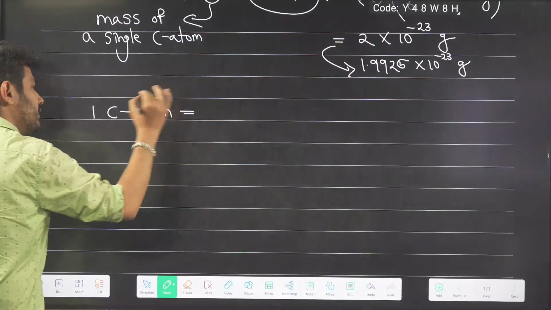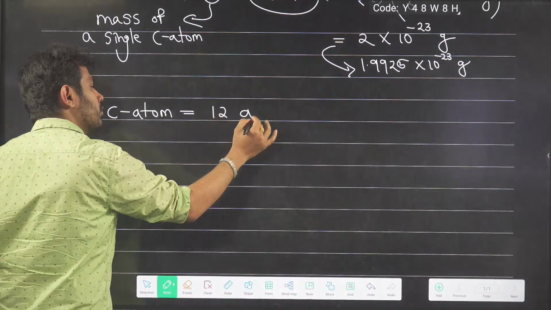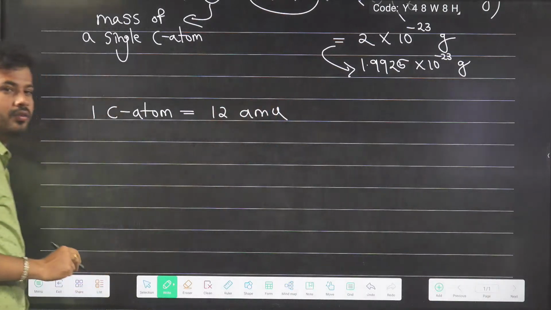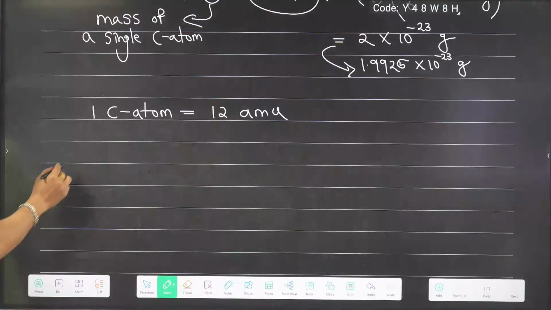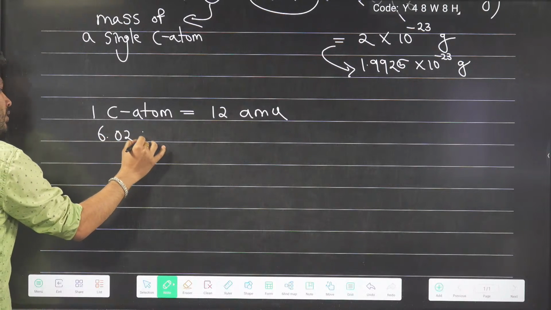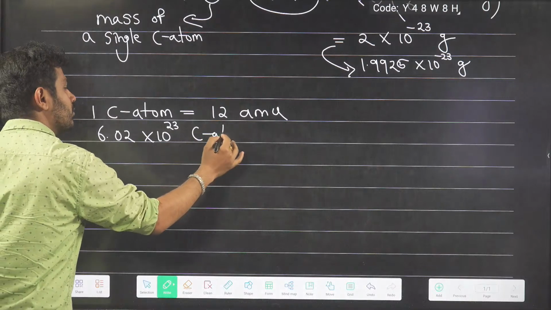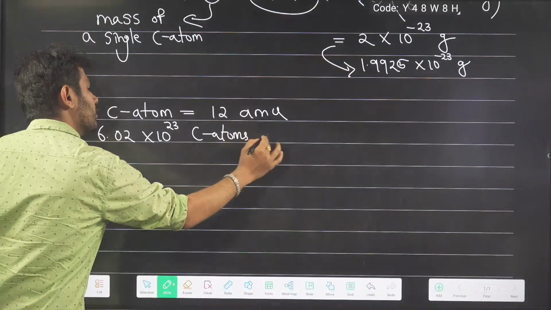What is its mass? 12 AMU. Similarly, if I take 6.02 into 10 to the power of 23 carbon atoms, then what will be the mass?